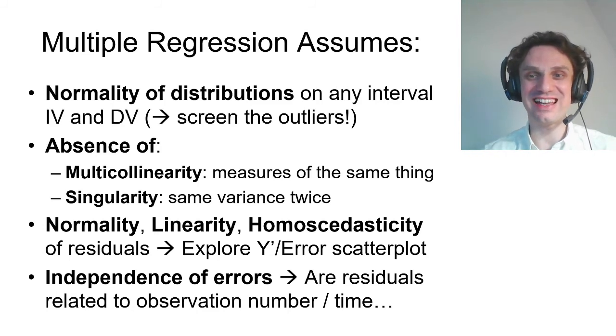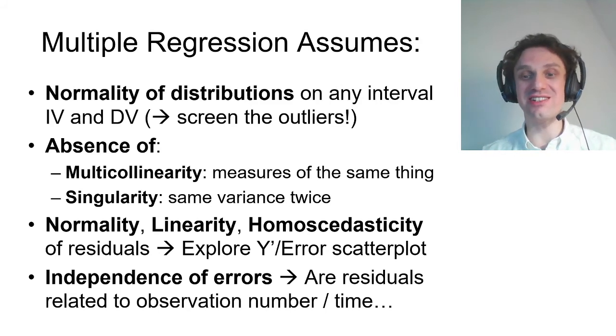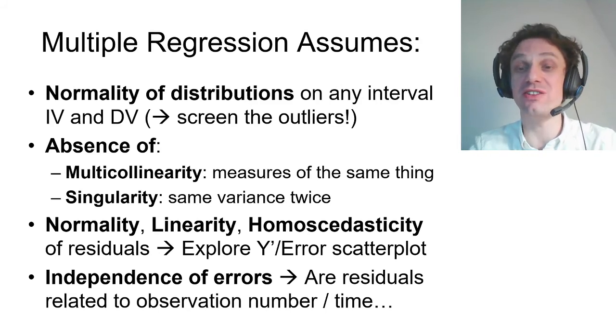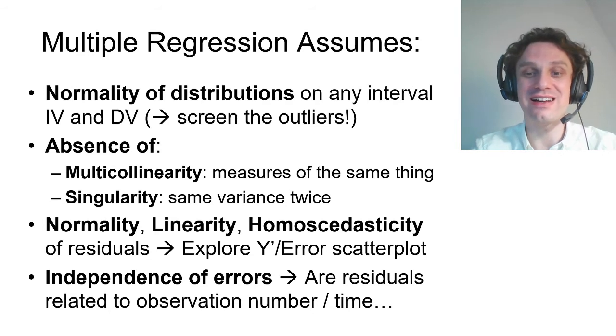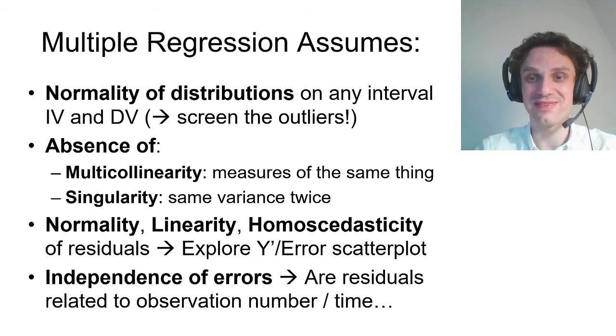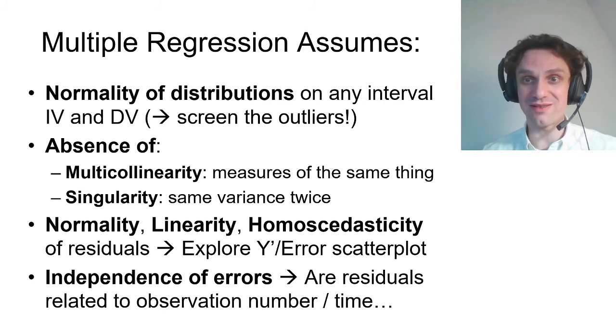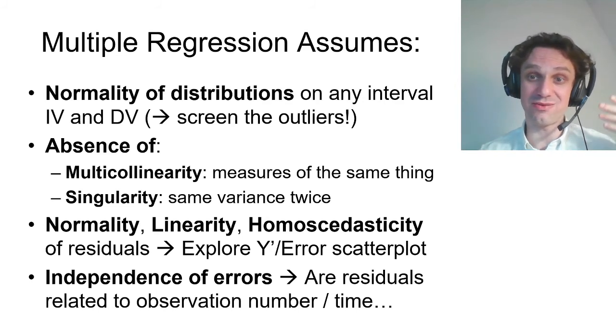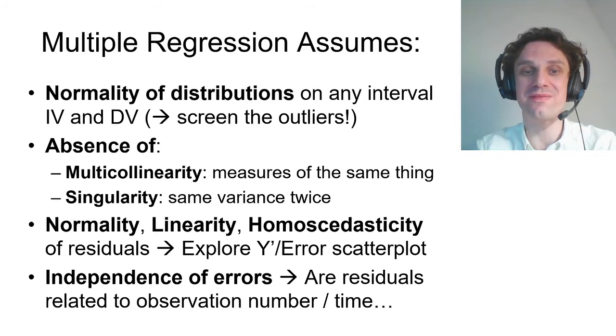So essentially, the same variance is included twice into the model. And of course, as a result, SPSS probably is not going to estimate this model. So the solution is to exclude either the individual subscales or the total score. So you can use either one or the other, but not all of them at the same time.